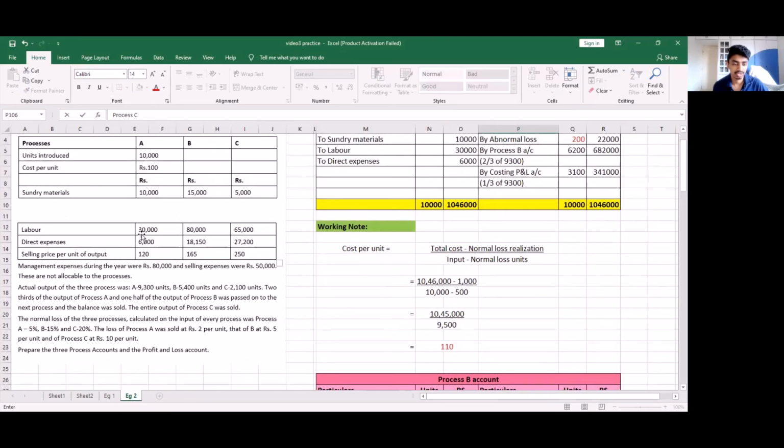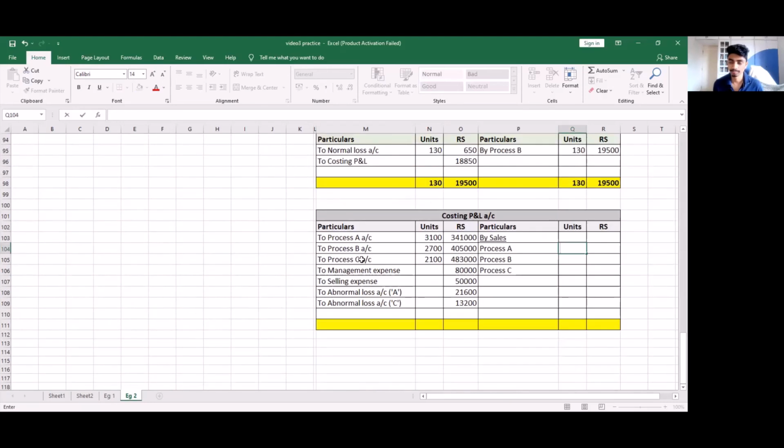So the selling price for process A is 120, the selling price for process B is 165, and the selling price for process C is 250. So what we're going to do is take these units respectively for process A, B, and C. So for process A, we have 3,100 units. For process B, we have 2,700 units. And for process C, we have 2,100 units.